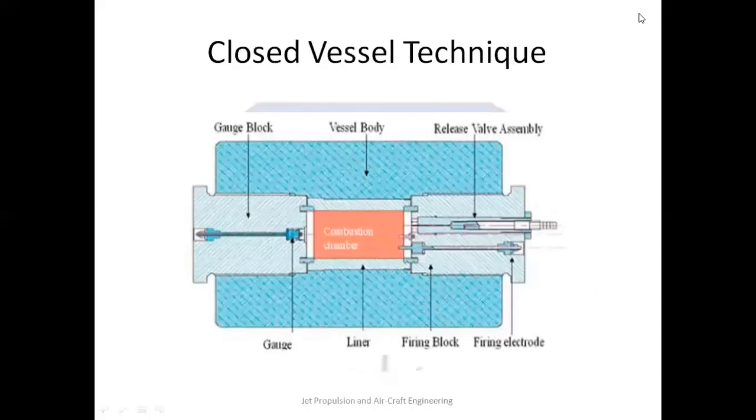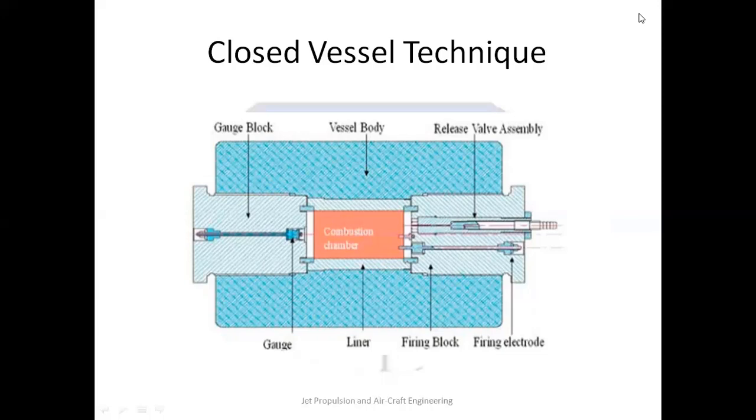Next one is the closed vessel technique. In this technique we use a closed vessel where the combustion takes place inside the combustion chamber and the variation of pressure is measured during the combustion process. So here the pressure variation is measured against time. The pressure is allowed to build up, thereby accelerating the combustion.